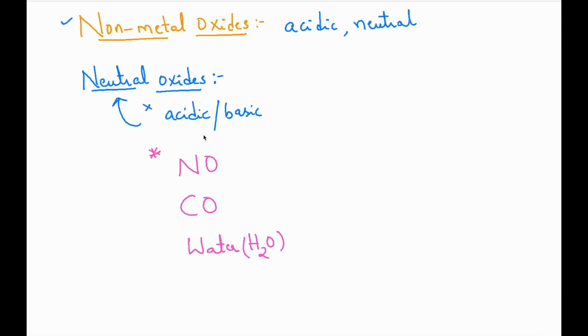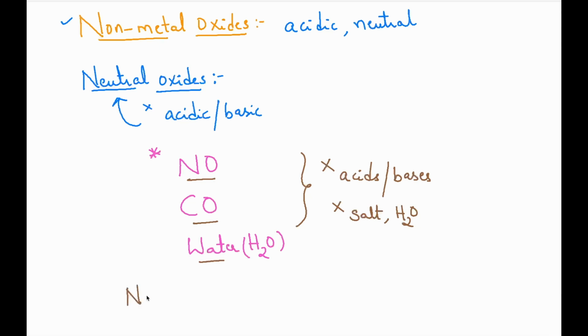Because they are neither acidic nor basic, they don't show any reactions with acids or bases, and subsequently cannot form a salt and water. So these are neutral oxides. A simple way to remember this is, so no CO water.